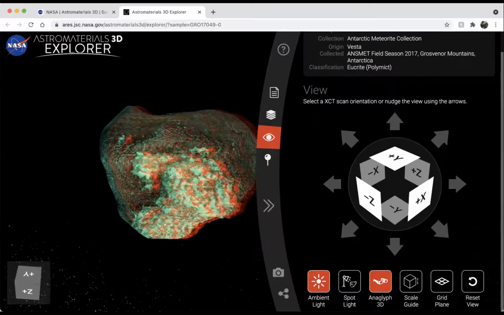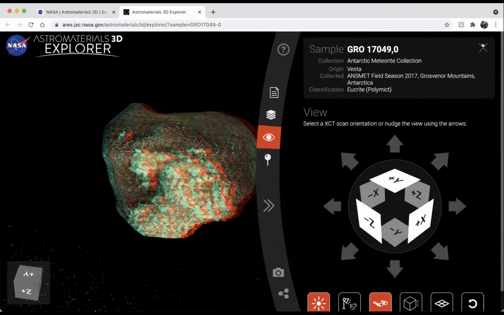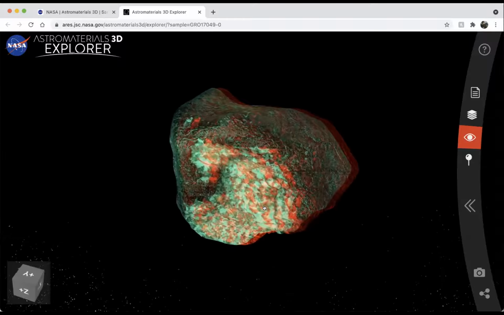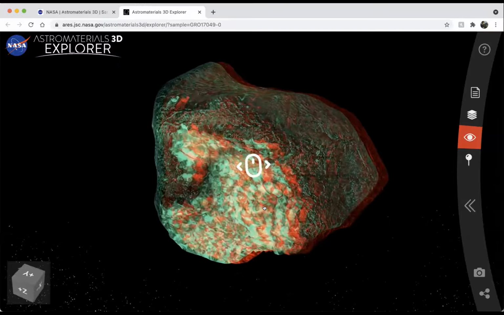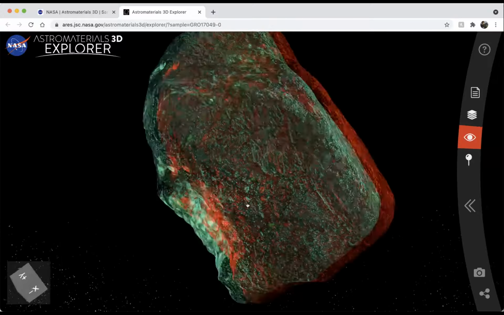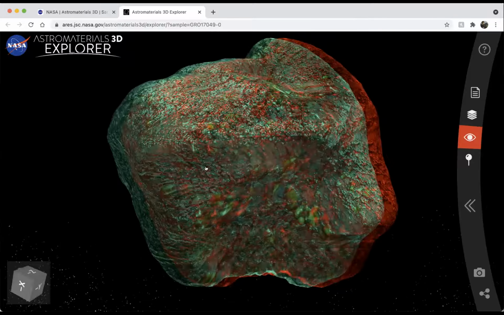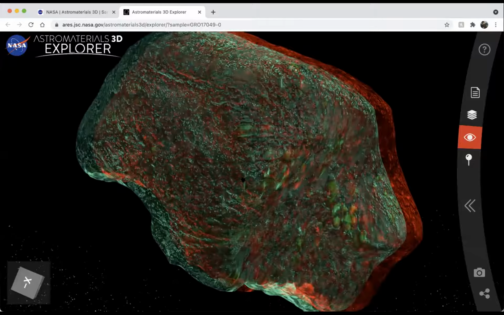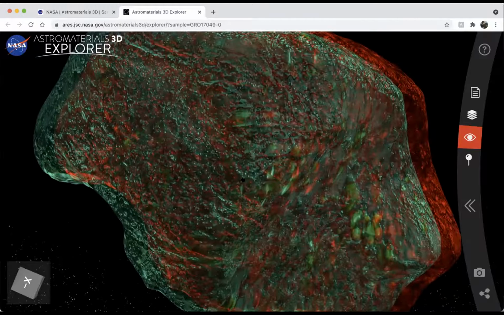And so if I turn that on and I close this, you should all be able to put on your glasses now. And I'm going to zoom in and start to give you a little tour in 3D anaglyph of the rock. And so you can see it's probably coming towards you.